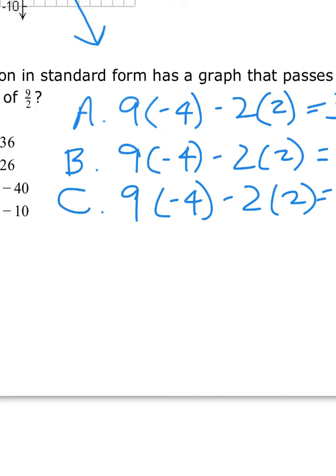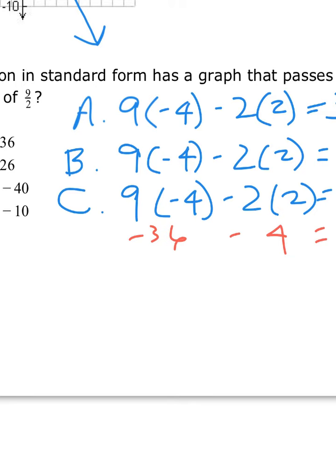Negative 36, right? Minus 2 times 2 is 4. What's negative 36 minus 4? Negative 40. Oh, I forgot we add. True. There we go. So our answer's got to be C.